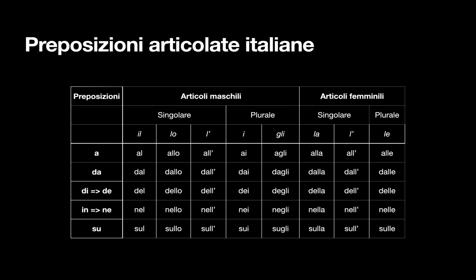So a plus il becomes al, a plus lo becomes allo, a plus l' becomes all', a plus i becomes ai, a plus gli becomes agli, a plus la becomes alla, again, same thing with l' feminine becomes all', and then a plus le becomes alle.